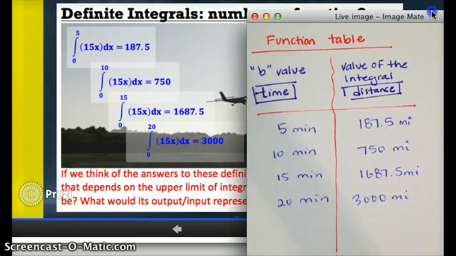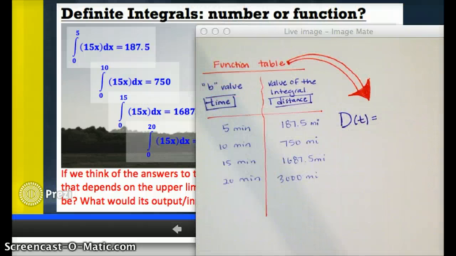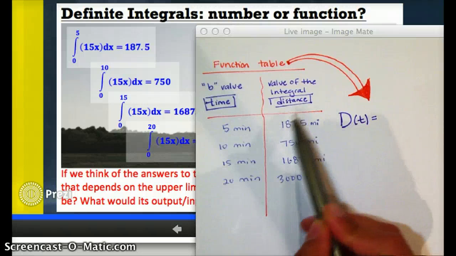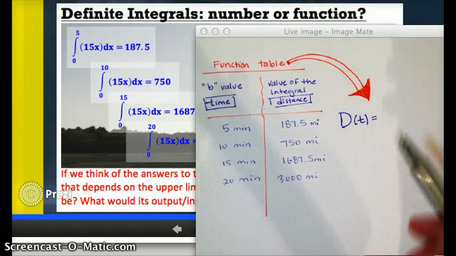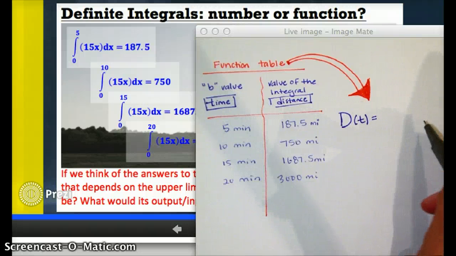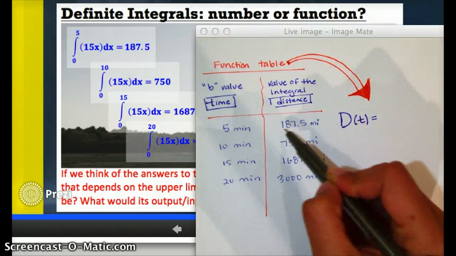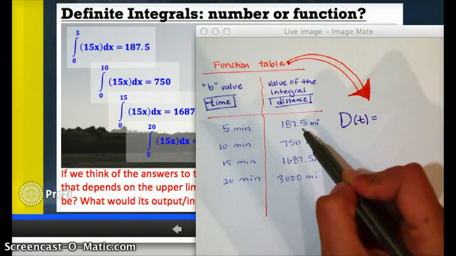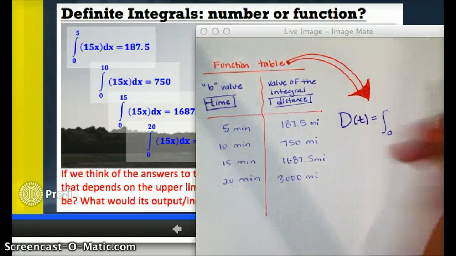If you think about what we did to use these inputs in order to get these outputs, this is what a function might look like. We'd probably call it d of t, d standing for distance, which is my output, t standing for the time. And then we want to write down a set of instructions for how to get this number. Well, how did we get this number? This number came from taking the integral from 0 to 5.